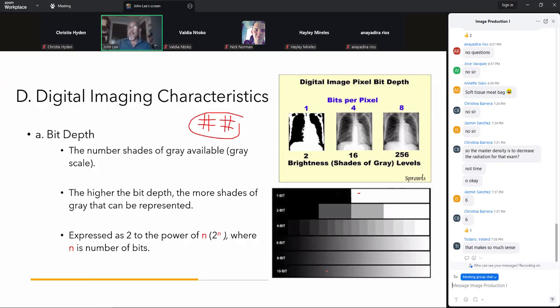Most of our imaging software operates at 14-bit. The bit depth is 14 bits, which means we can have 14 integers and combinations of binary integers that give us roughly 16,000 different shades of gray.